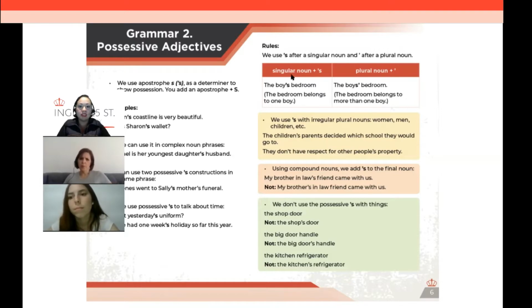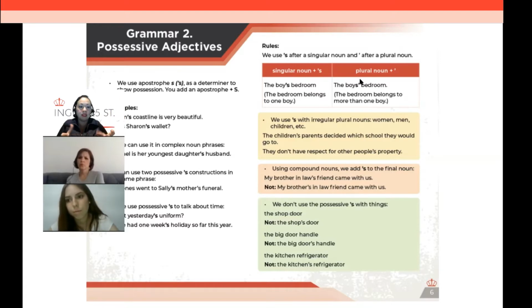Exactly. So as you can see, if after the Y is the apostrophe S, we are talking only about one boy, okay? That bedroom belongs to only one person. But if we put the apostrophe at the end of the S, we know that we are talking about more than two boys. Maybe three, maybe four, I don't know.